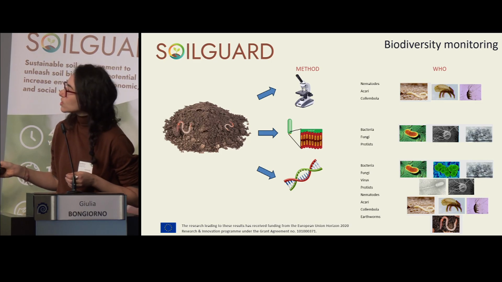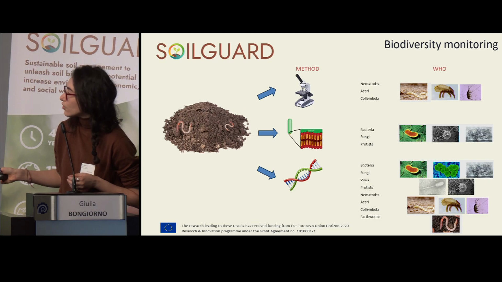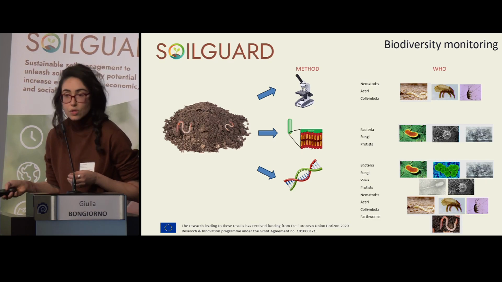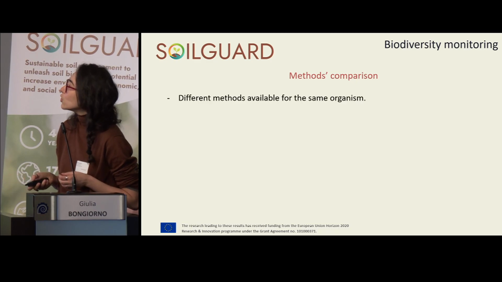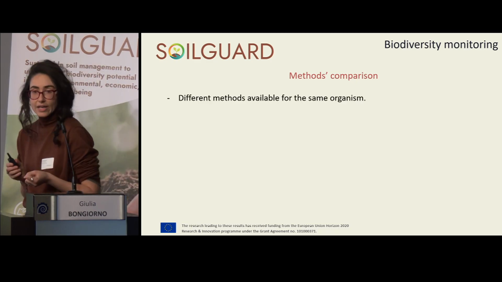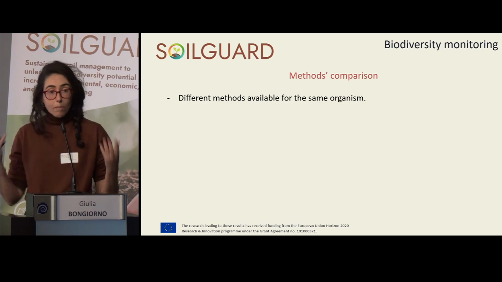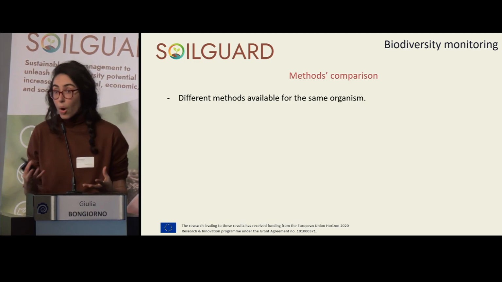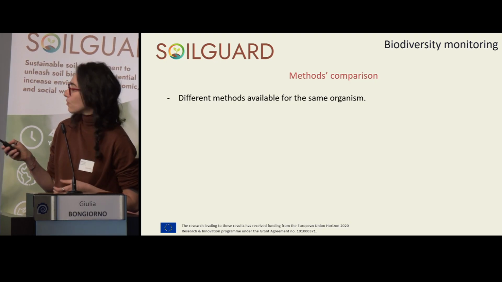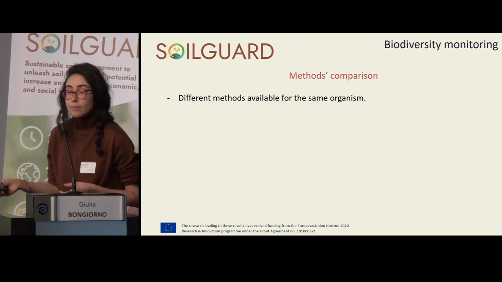And we also use eDNA methods for a huge variety of organisms, including bacteria, fungi, viruses, protists, nematodes, acari, collembola, and earthworms. So basically we use different methods for different organisms, and that is when comparison between different methods comes in useful, right? Because we have different methods available for the same organisms.